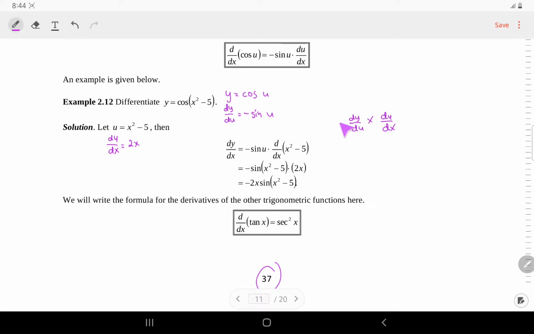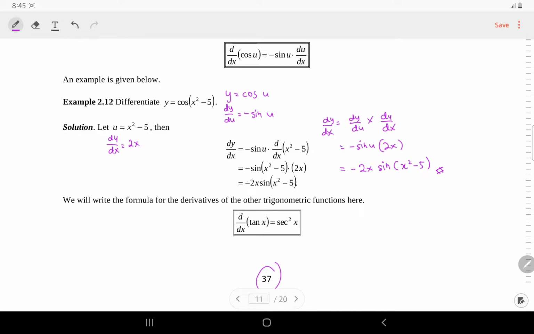Okay, as I mentioned before, make sure when you simplify these two differentiation, du cancel out with du, we will get dy over dx. Okay, so our dy over du is negative sine u, multiply with du over dx, which is 2x. Okay, so kita simplify dia, negative 2x sine u, kita tukar balik kepada yang ni lah. Okay, x square minus 5. So ini jawapan akhir kita.